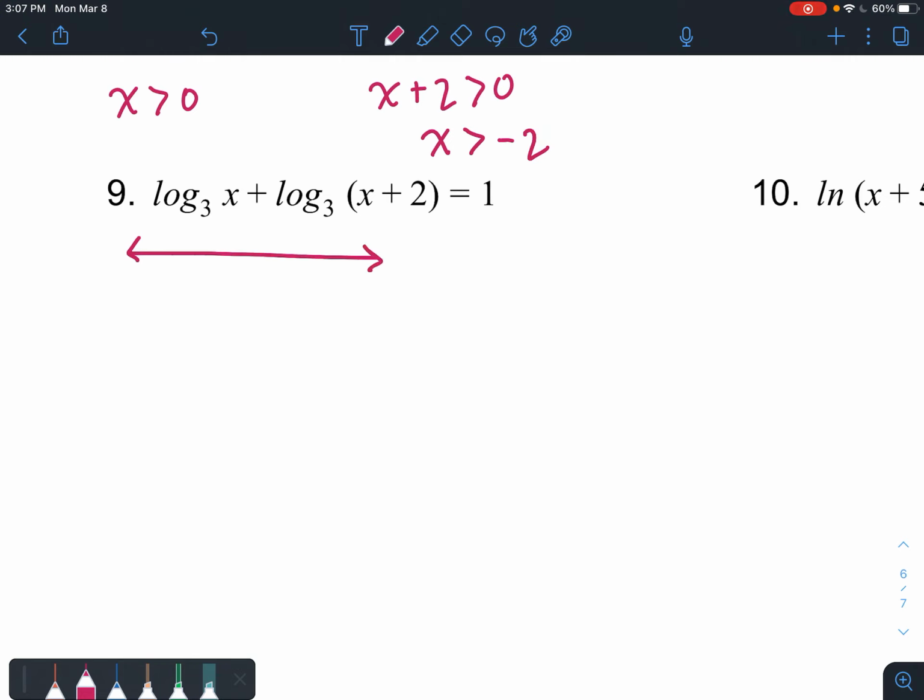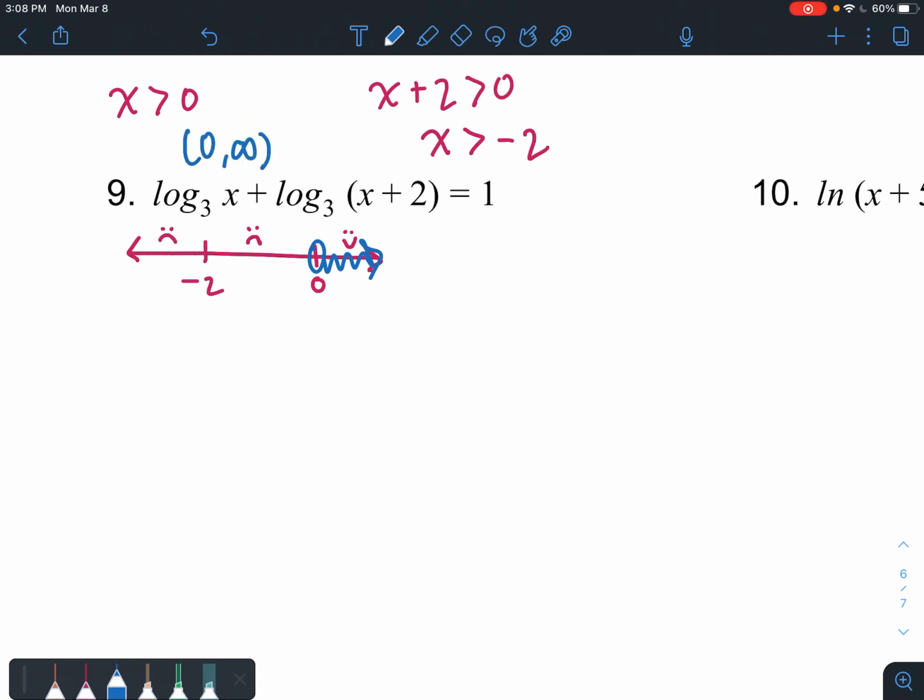Putting it on my number line, negative 2 and 0. If I plug a negative 3 in, I get negative 3 plus 2, which is negative 1, so that's not going to work. Negative 1 plus 2 is positive 1, but x of negative 1 would make that negative, which we don't like. 1 gives us positive numbers for both values, so we go from 0 to infinity for that domain.